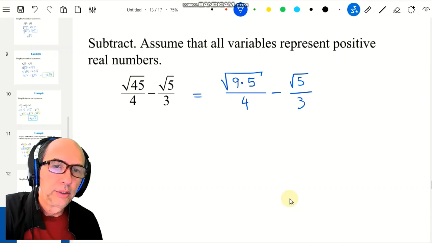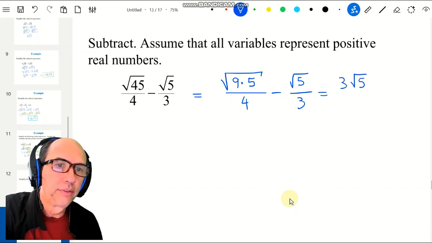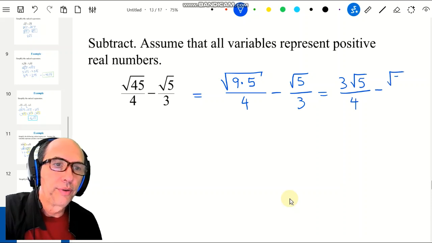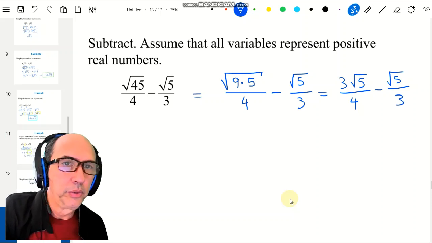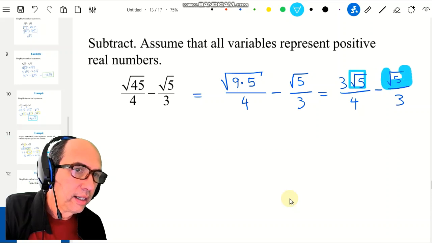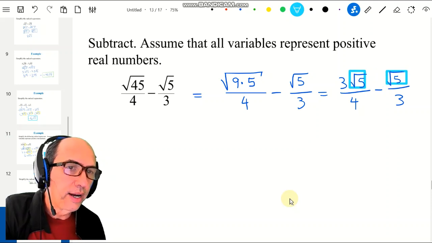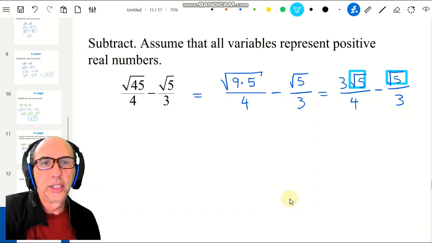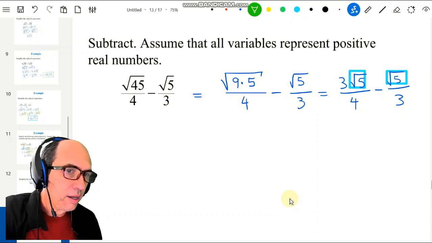Well, a square root of 9 is 3, square root of 5 over 4 minus square root of 5 over 3. Look, now we have like radicals, square root of 5, square root of 5. The problem is not anymore a problem of radicals, but a problem of rationals.